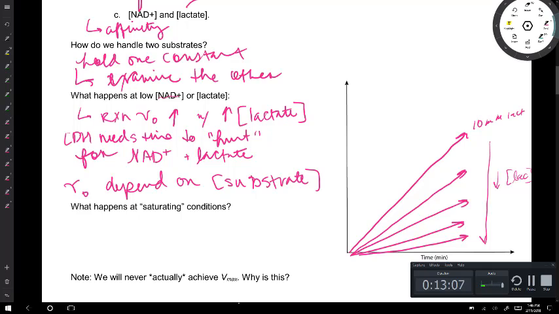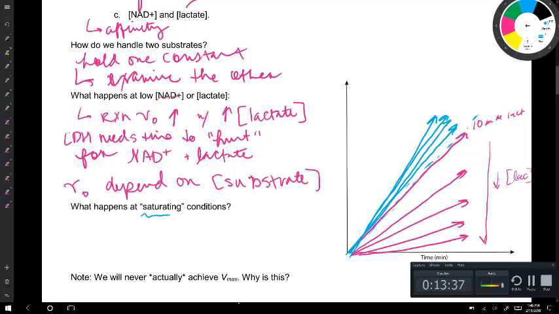However, when we get to really high concentrations of lactate and NAD+, specifically saturating conditions, you're going to notice that once you get past a certain lactate concentration, that reaction velocity isn't going to change very much. If we draw a line there representing that cutoff point, even though you keep increasing your substrate concentration, the changes you see in your velocity are going to get gradually smaller and smaller until they level out.